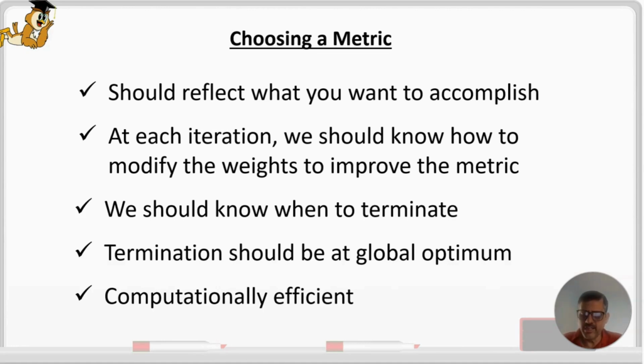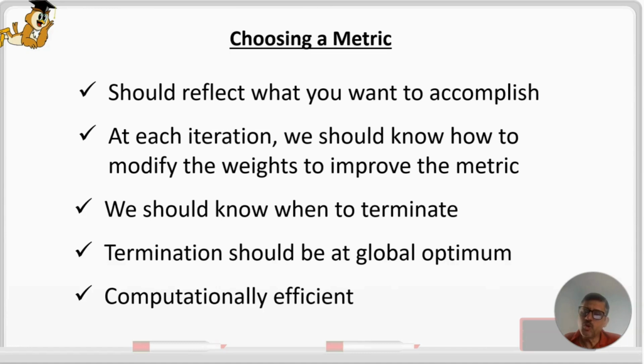Assuming all the training data points have equal importance, you want to minimize the average error over all the points in your training data. So mean square error satisfies that requirement.